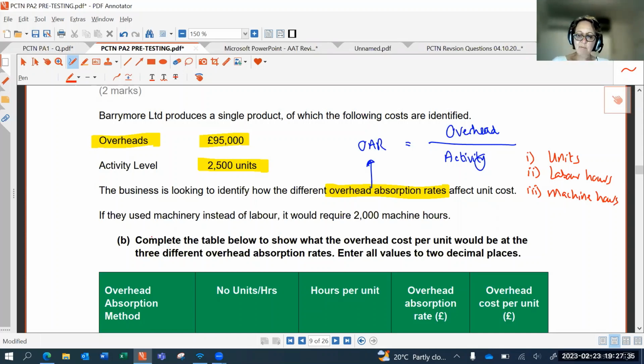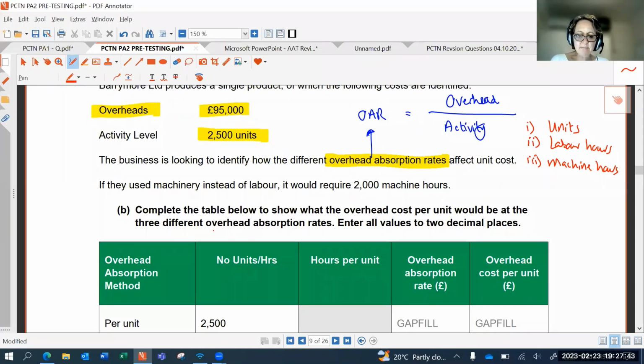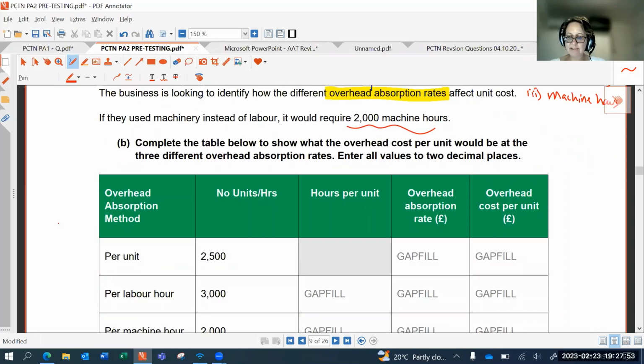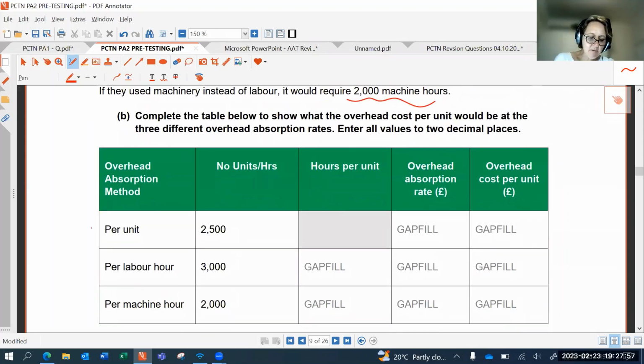So we're looking at how the different overhead absorption rates, so units or labour hours or machine hours, affect the unit cost. It says if they use machinery instead of labour, it would require 2,000 machine hours. Very interesting. Let's look at the table and then let's see what they're asking me to do. They're showing me that there are three different alternatives in terms of the overhead absorption rate.